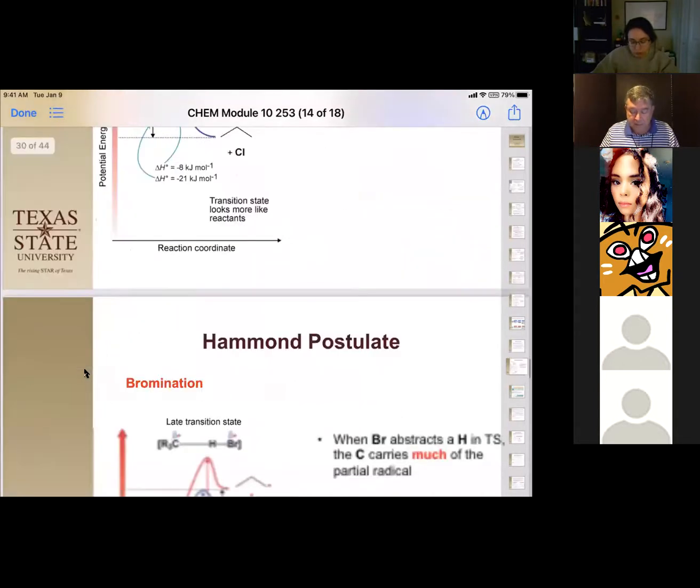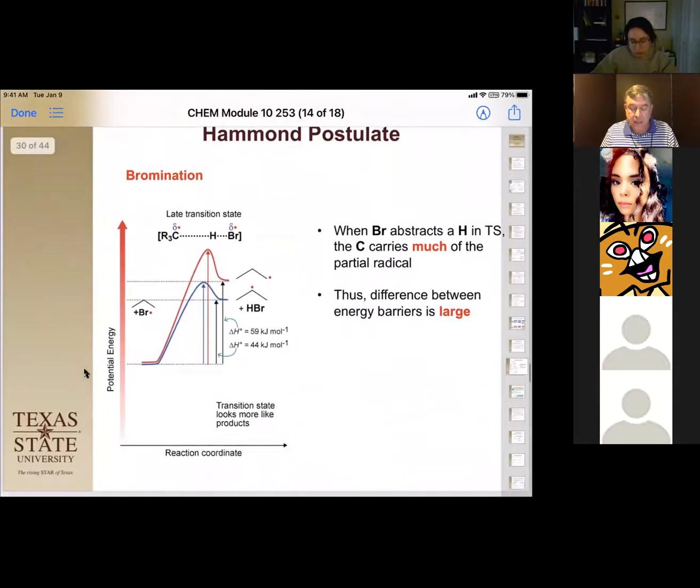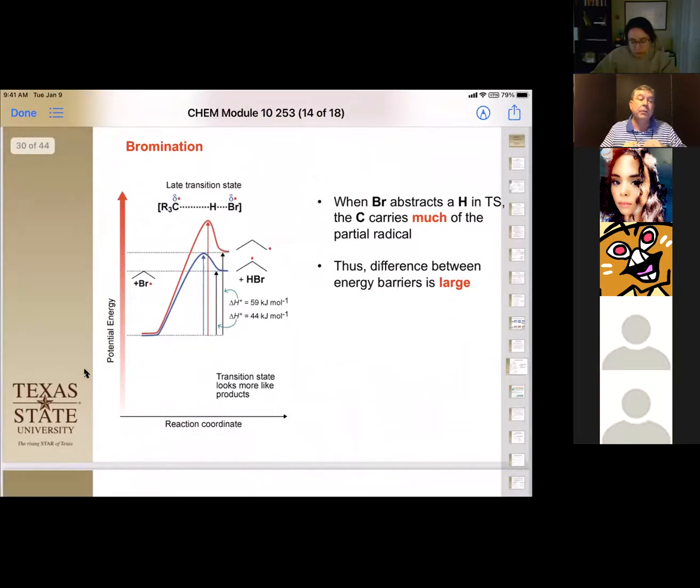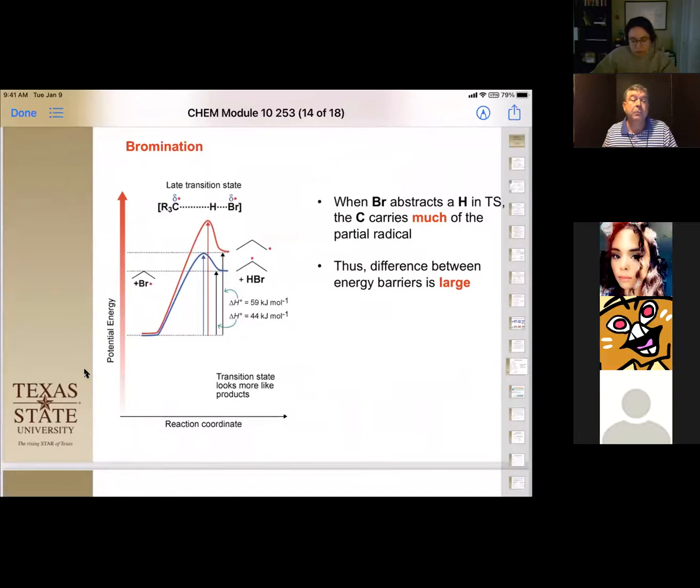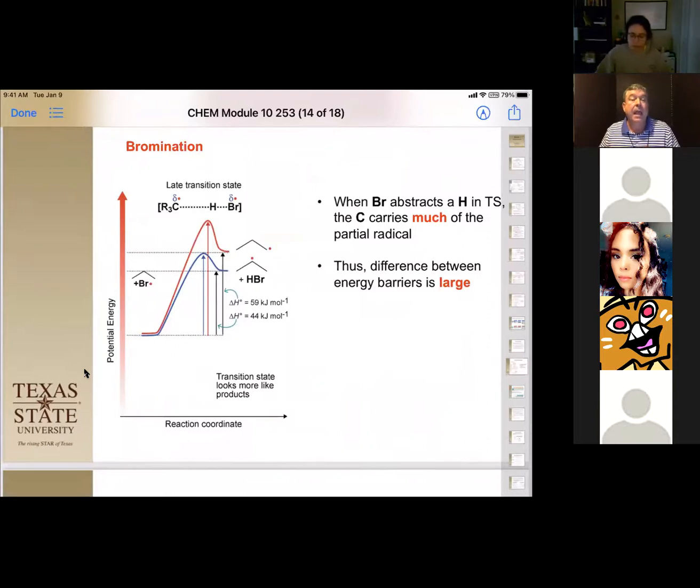In bromine, it starts to get a little different. In bromine, we've actually almost broken the bond between the carbon and the hydrogen and almost formed the bond to the bromine. That means it's looking more like the products. As it's looking more like the products, it means it needs to form the more stable radical. The more stable radical is the secondary radical.